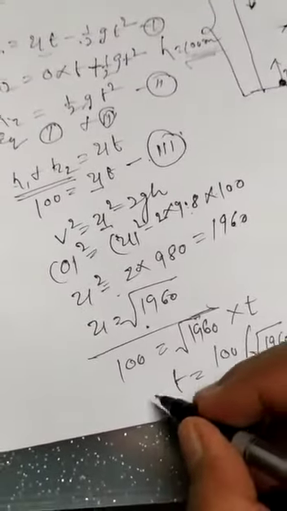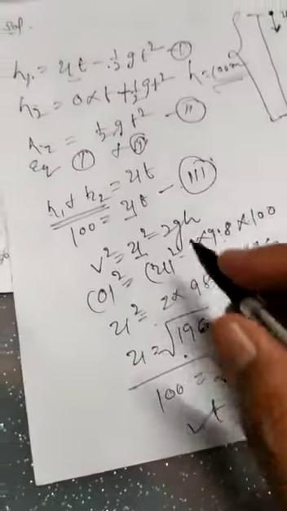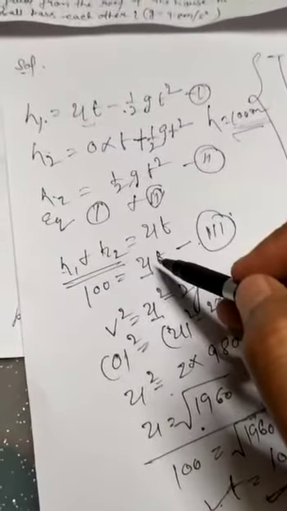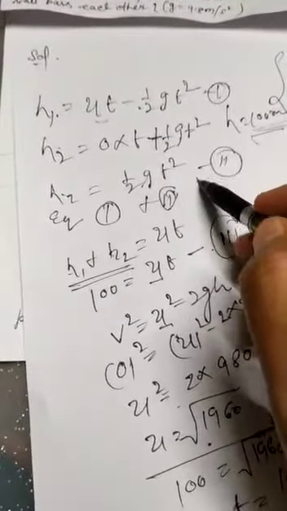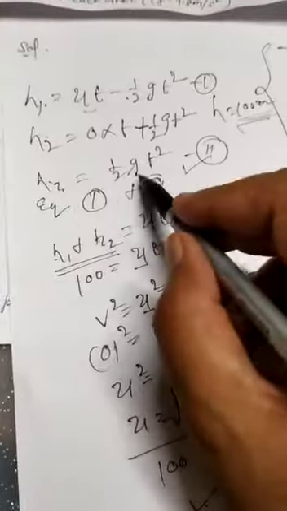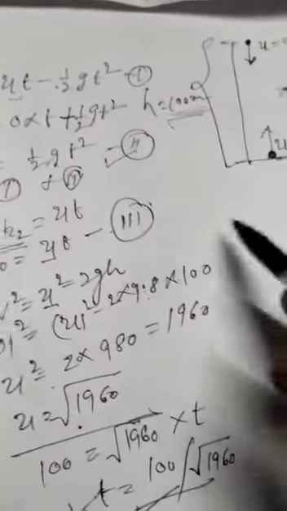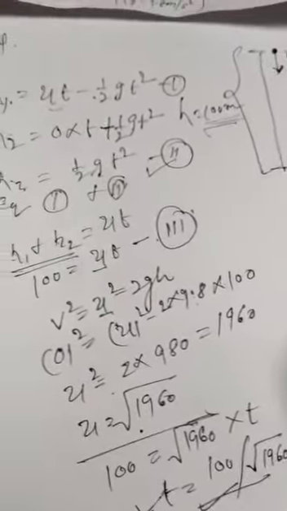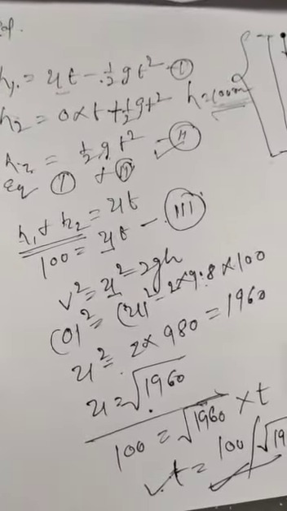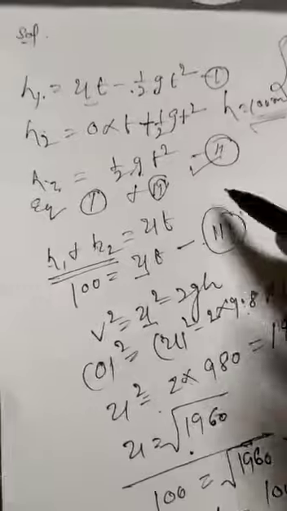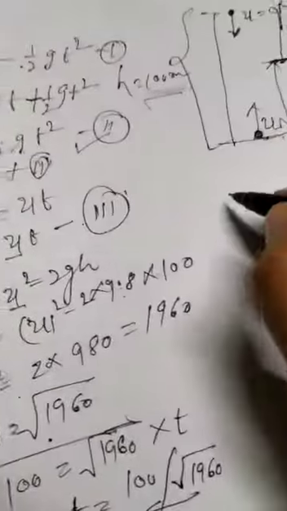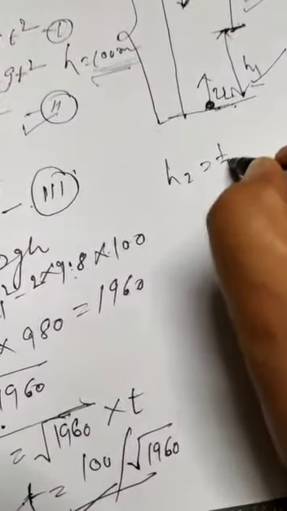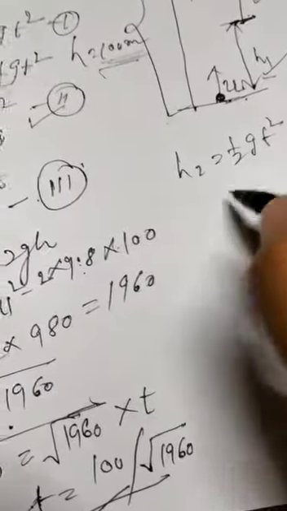Now the value of time t we put in the second equation, h2 equals half gt squared. You can use either the first equation or the second equation if you want h1 or h2. So h2 equals half gt squared.